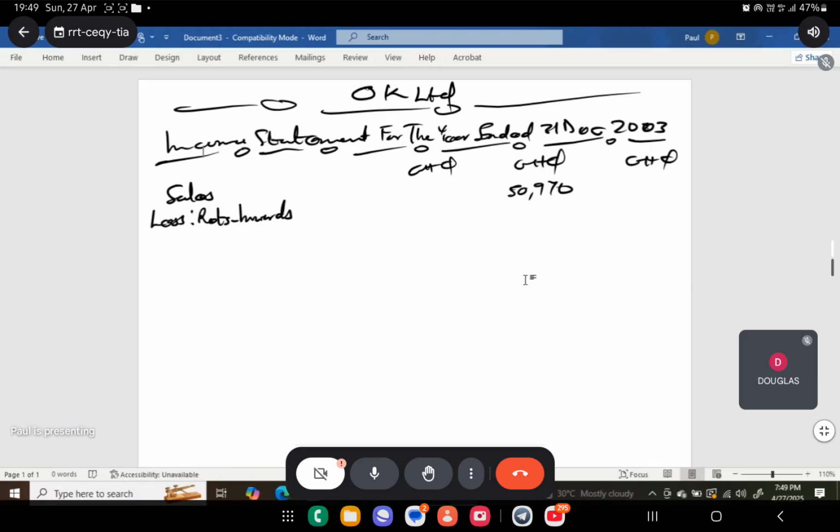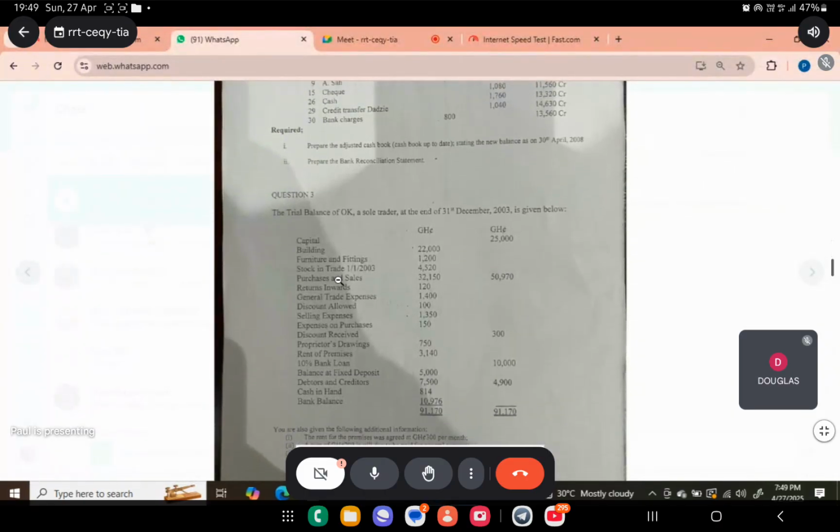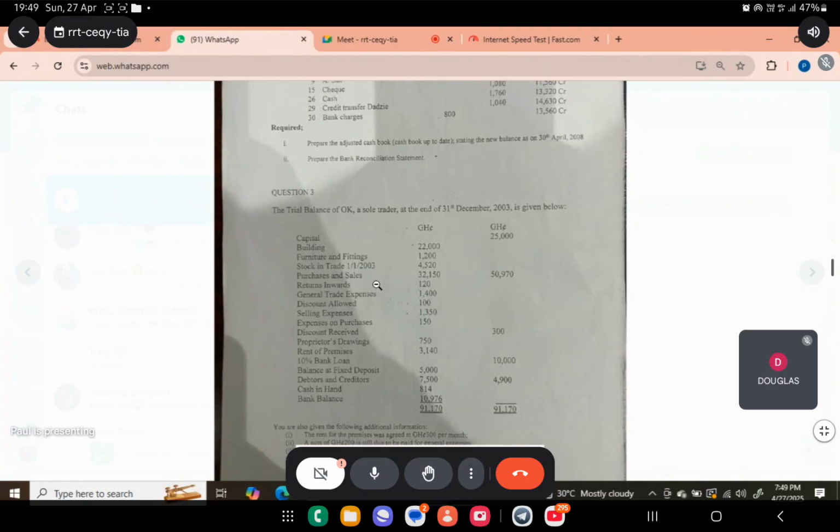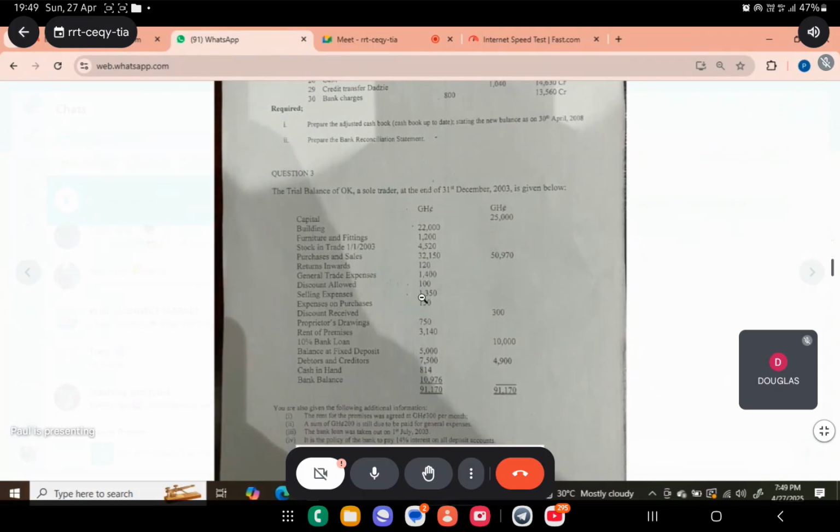Another name is sales returns. Since he's returning the goods, it is prudent that we give the person his money. Do you understand? That's why we subtract the figure from it. The returns inward figure from the question is 120. So we subtract that.